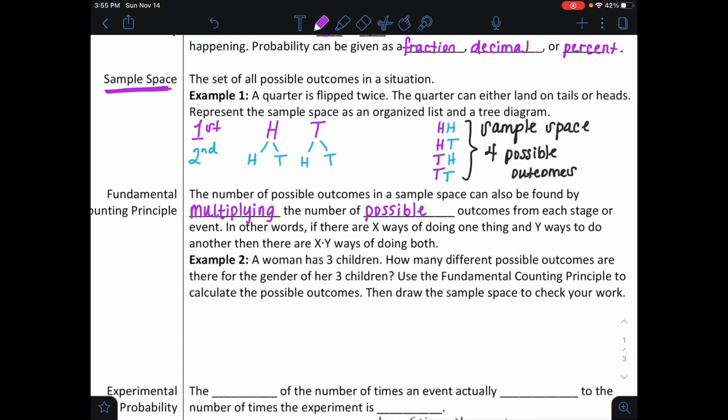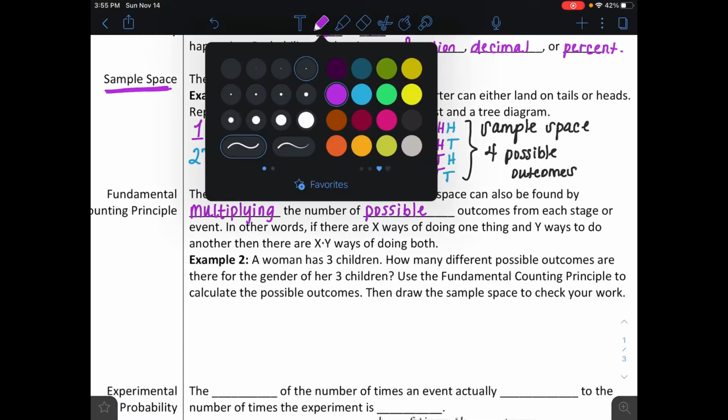For example, a woman has 3 children, and for the sake of this problem, we're going to be in a binary situation. How many different possible outcomes are there for the gender, sex, of her 3 children? Use the fundamental counting principle to calculate the possible outcomes. Then draw the sample space to check your work. All right, so again, we're going to keep it real simple with just 2 sexes for the child.